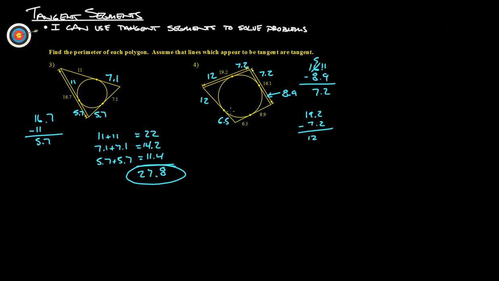So we're just going to want to add up all the sides. We already know that this whole side is 19.2. This whole side is 16.1. This side here is going to be 6.5 plus 8.9, which is going to give us 15.4, and then this is 6.5 plus 12, which is going to give us 18.5, right?